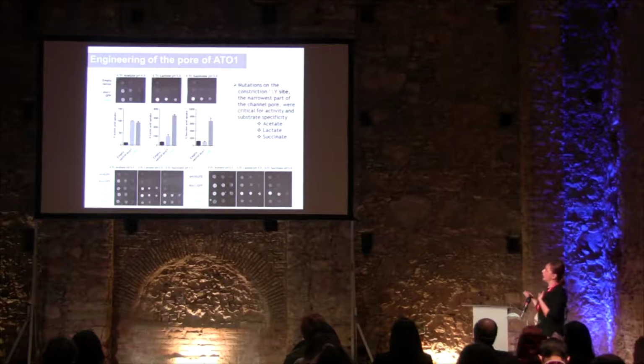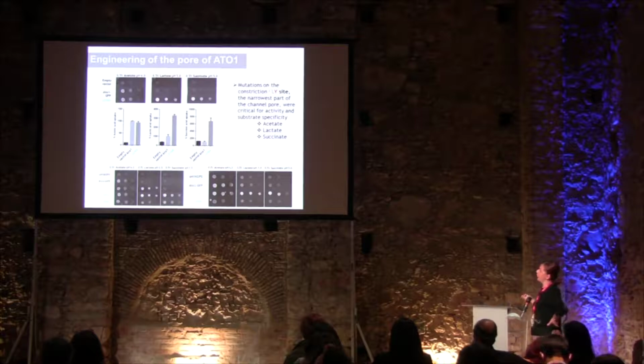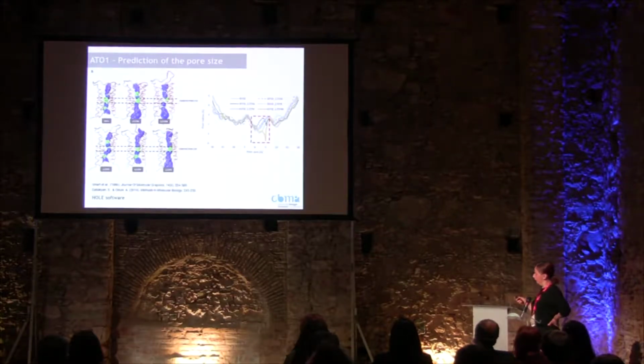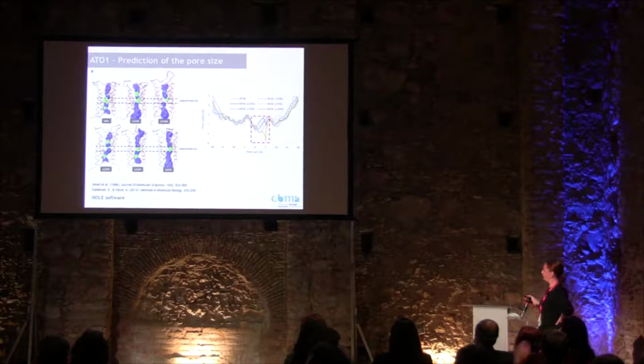So we decided to play a bit with this amino acid in particular, and by doing mutations to other residues, we got a different set of phenotypes that we decided to explore more. So we predicted the pore of the different mutants. This is the wild type.